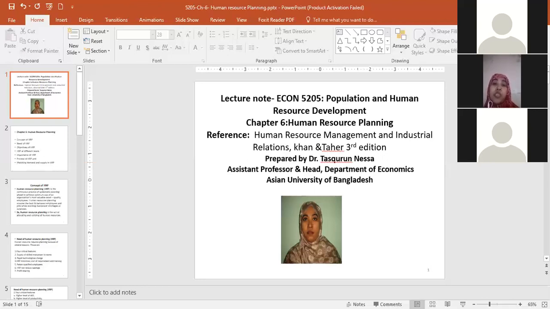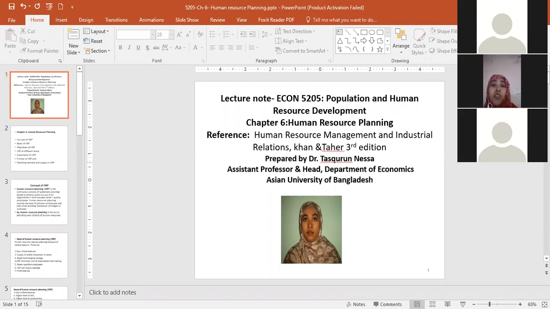So course code. Sometimes students only write down like this, 5205, but this is not the exact course code. Of course, you have to write the full name, okay, full identity. You have to add ECON, ECON 5205, okay, because the number 5205 may be used by another department, right?